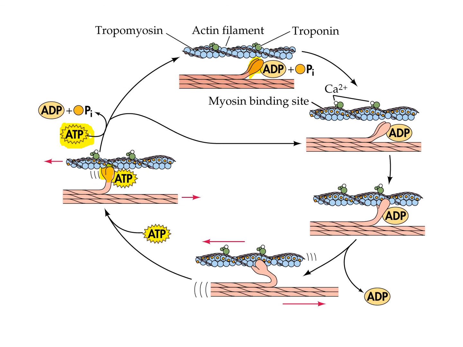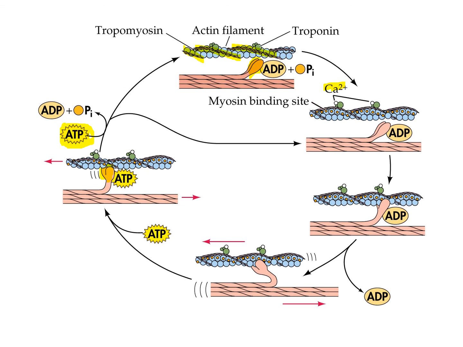So what you have is calcium released from the sarcoplasmic reticulum, binding, as you can see here, to the troponin, but that causes the tropomyosin to move away. The tropomyosin is this long strand shown here, winding around the molecule, and in that way it reveals the myosin binding sites.